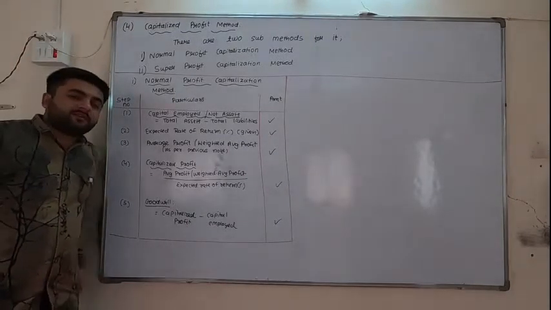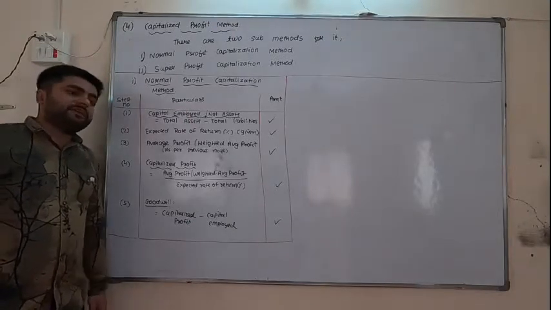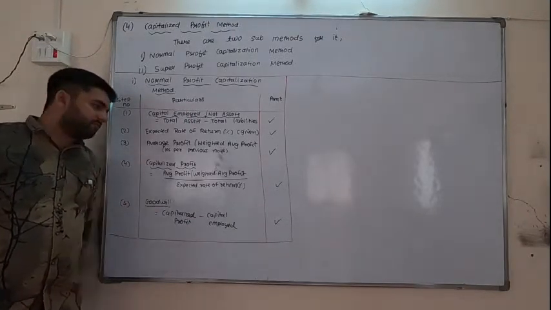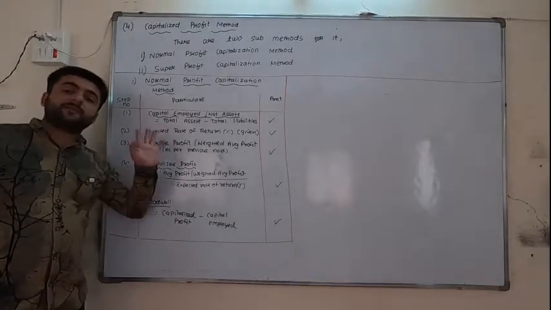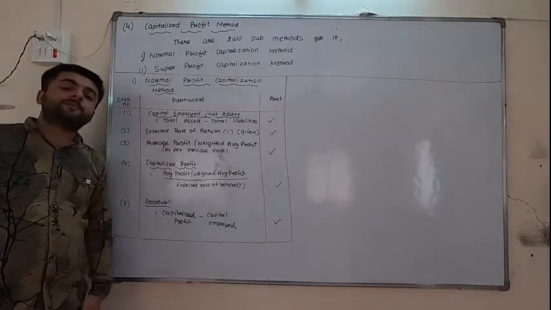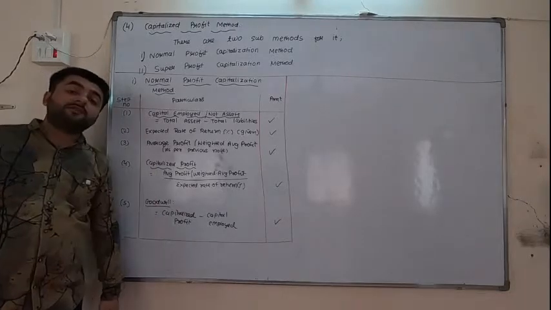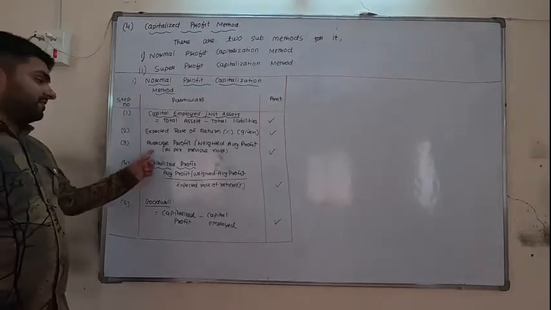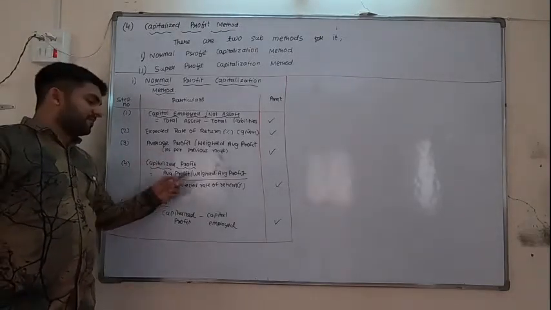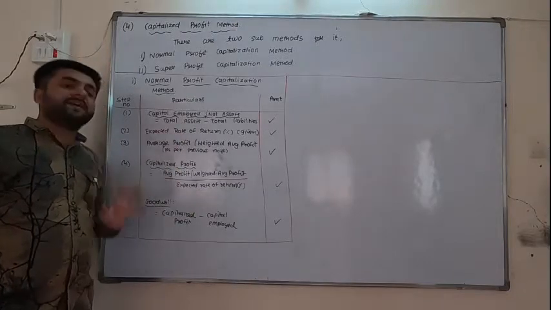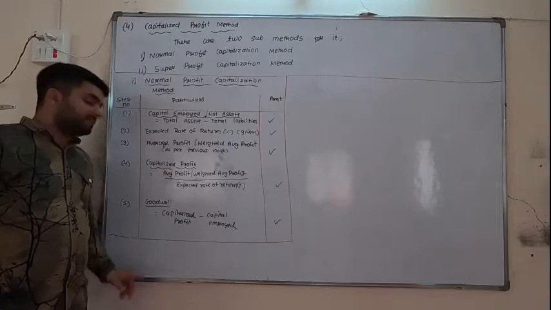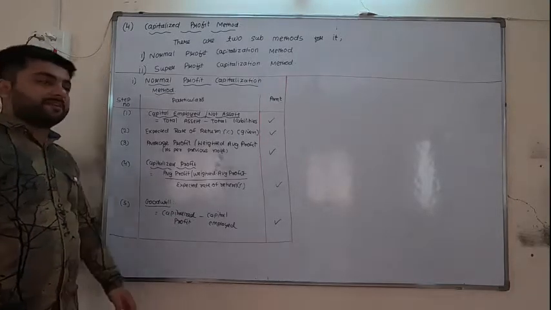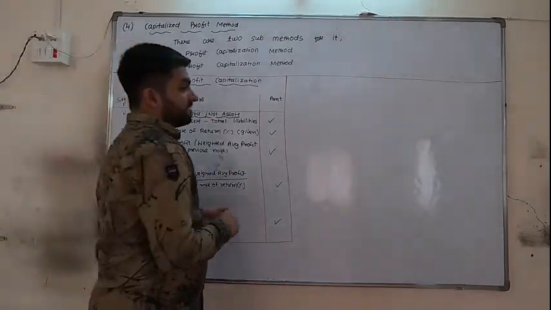We don't need expected profit here. So average or weighted average profit as per the previous rule. Then a new type of profit. As expected profit is not there, super profit also will not be there. So we will have capitalized profit: the average or weighted average profit found in the previous step divided by expected rate of return in percentage directly. And the last step, goodwill equals capitalized profit minus capital employed. Now we shall write for the second method.